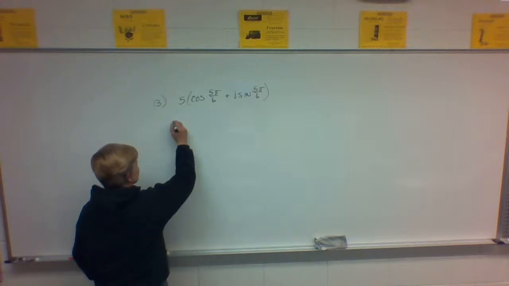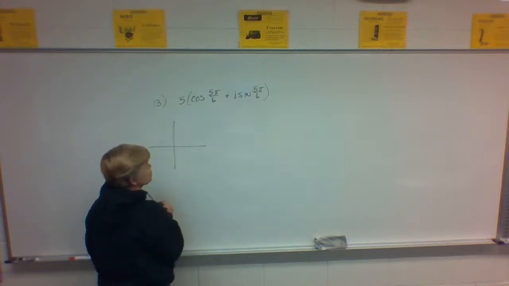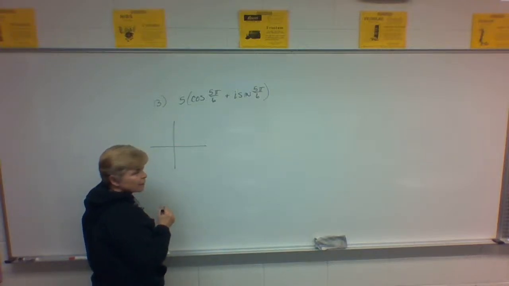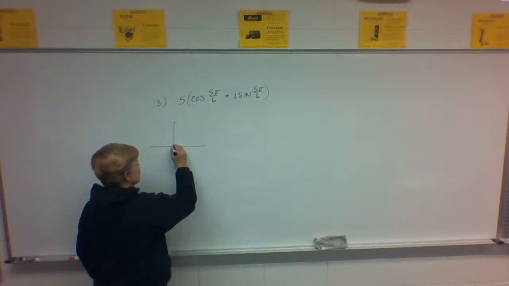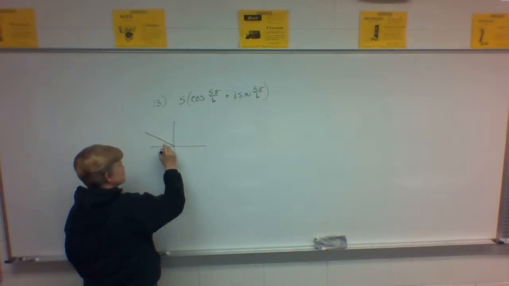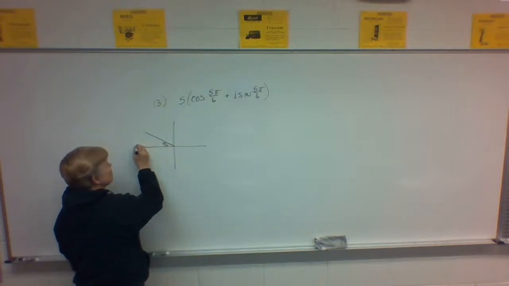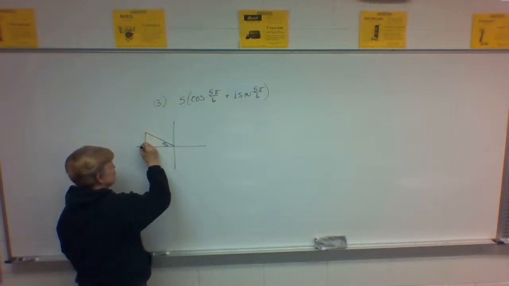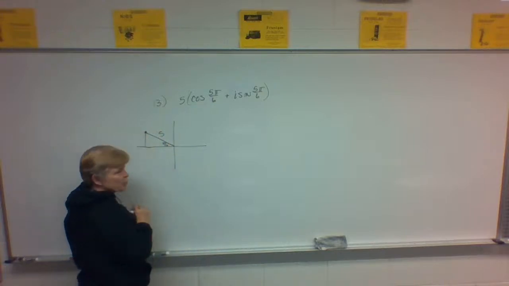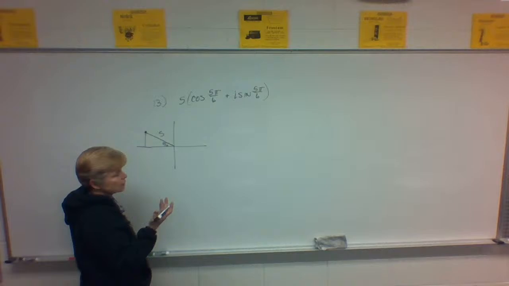Plot it. What angle am I going to spin? 5π/6, where is it? Second quadrant, with a reference angle of π/6, right? So this is 30 degrees. How long is it? 5. I need this point so that I have a real, imaginary point to go to. That's what standard form is.